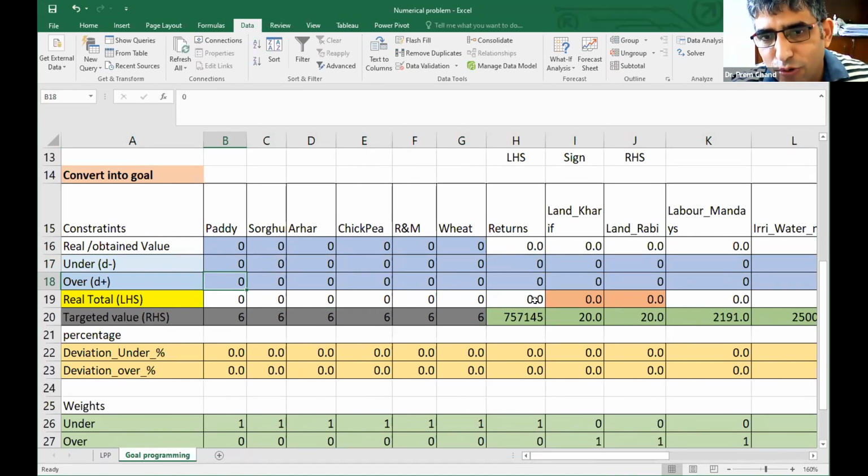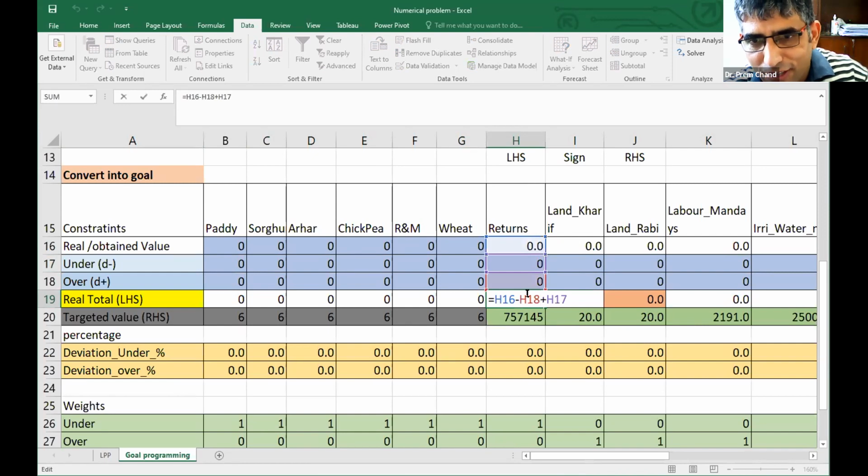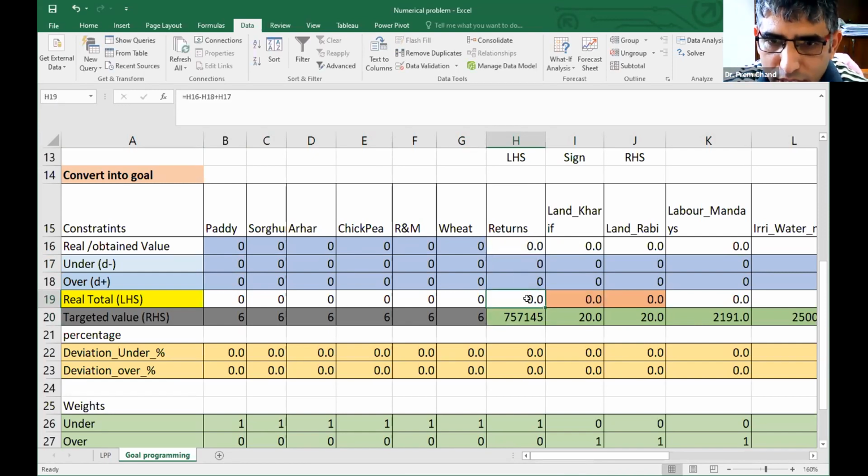So what I have done is, wherever I want to keep my constraint hard, I will add only one. In case of land, since I cannot have additional land, I can accept only the negative deviations, meaning unused land only.